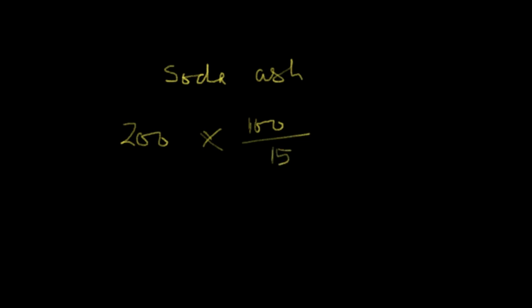Multiply 200, which is gotten from the figure of soda ash shown on your screen as the quantity of soda ash required to produce 15 liters of liquid soap, by 100 over 15, and then you get the quantity of soda ash required to produce 100 liters of liquid soap, which is 1333 grams.